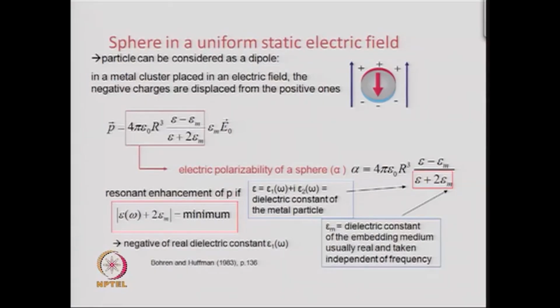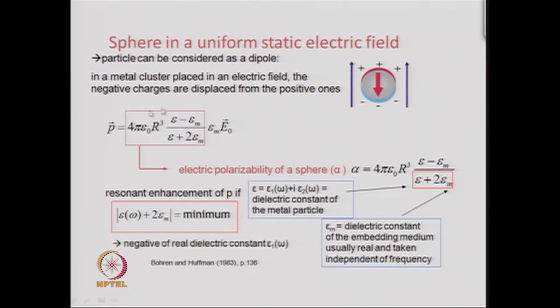It also has an oscillating magnetic field, but light has an oscillating electric field. So, whenever you have light, you have an electric field, and the metal particles are now in the electric field. The negative charges will be displaced from the positive ones in the presence of an electromagnetic field.